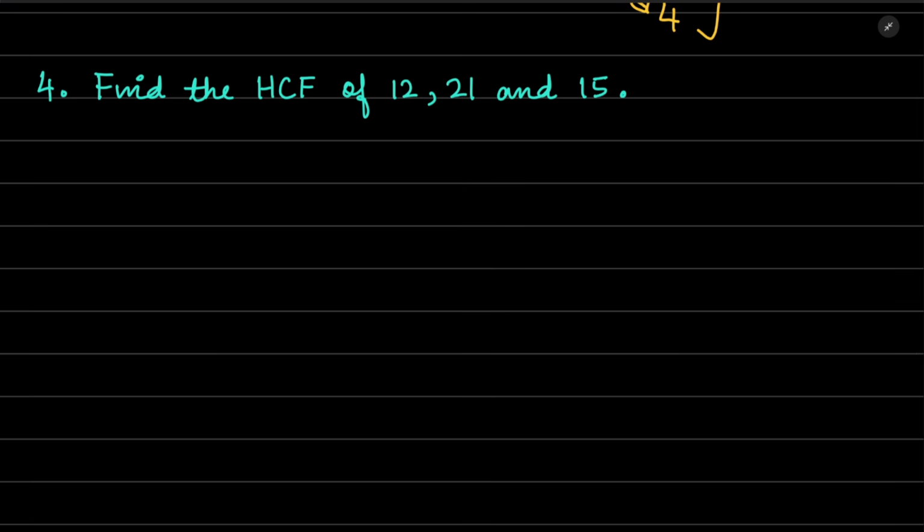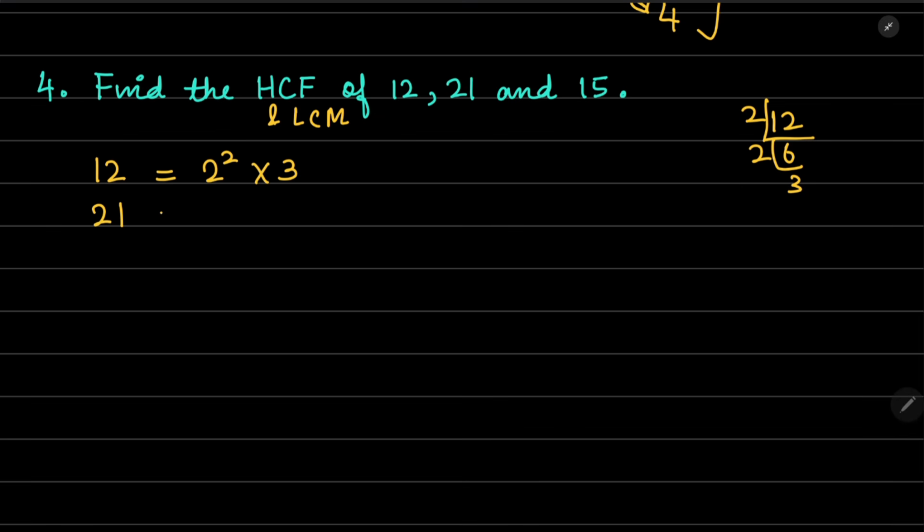Now let's move on to the fourth question. Find the HCF and LCM of 12, 21 and 15. First of all, let's do the prime factorization of 12. 2 6s are 12, 2 3s are 6. So the prime factorization of 12 is 2 square multiplied by 3. For 21, it is 3 multiplied by 7.